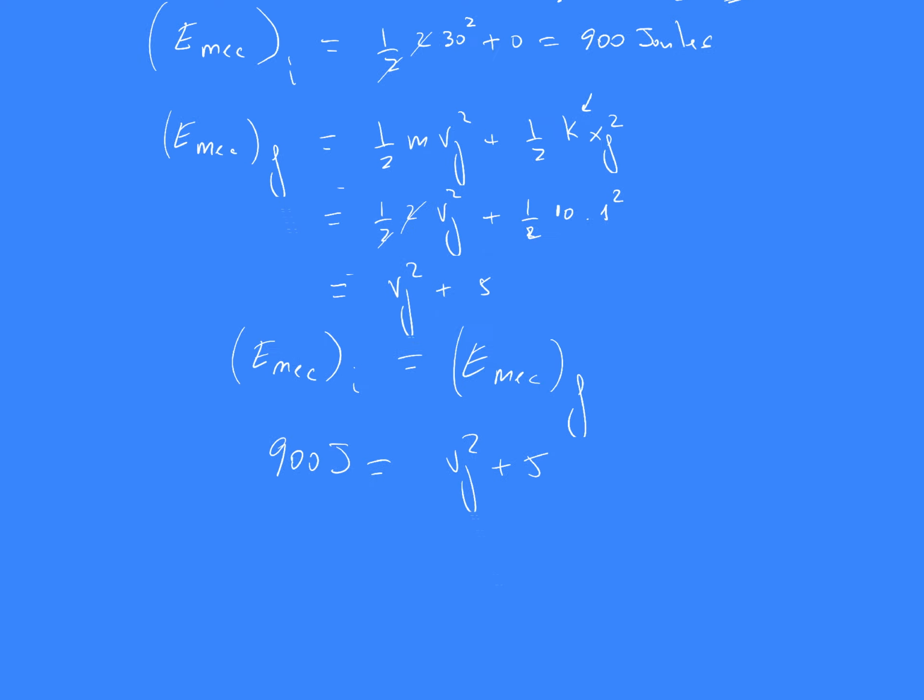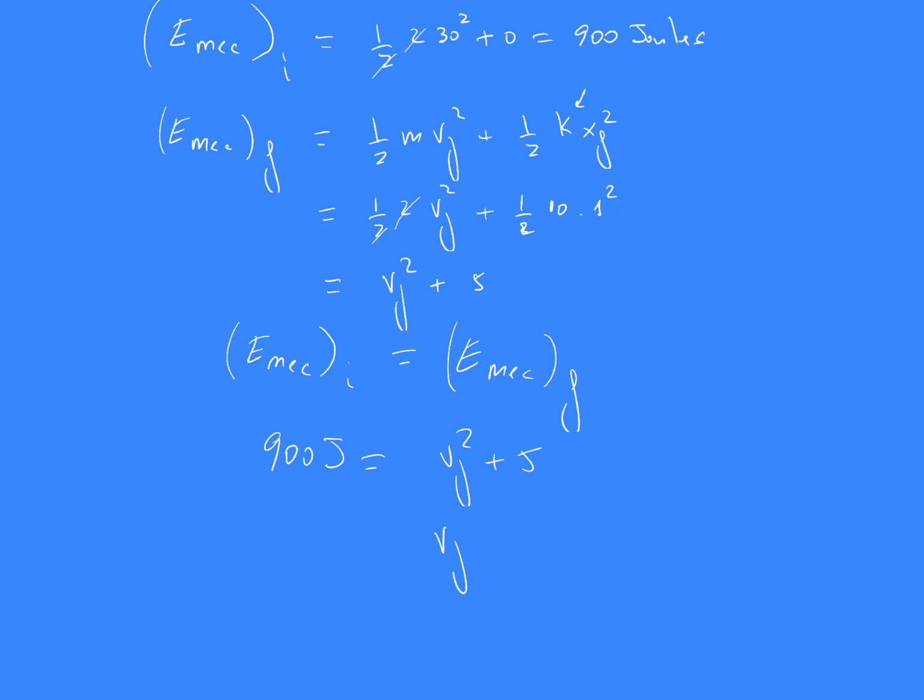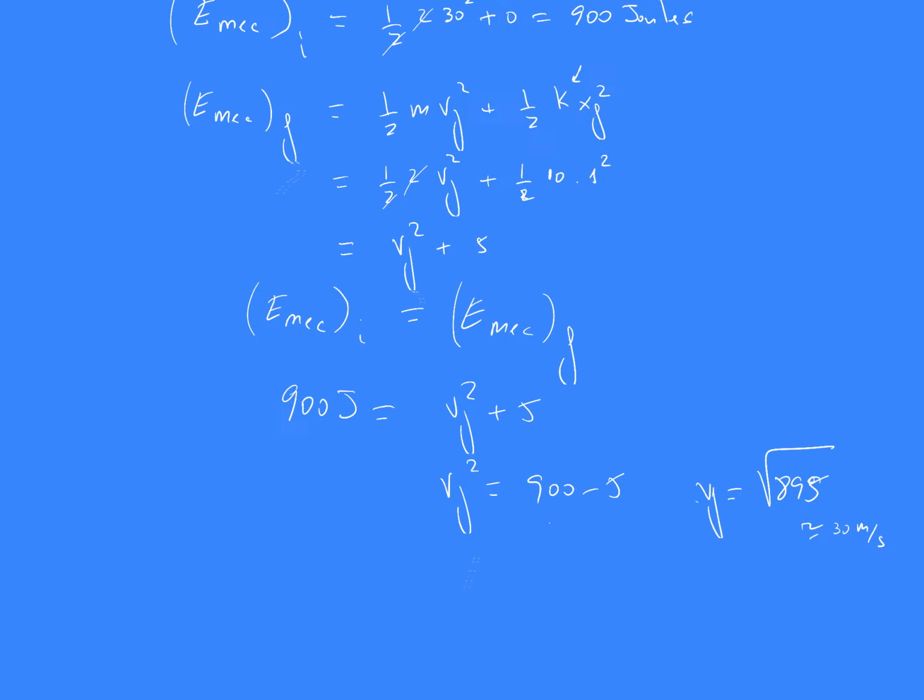So what is the final velocity? The final velocity, Vf squared, is 900 minus 5. So the V final is the square root of 895. So it's almost 30 meters per second, a little bit less. Of course, because the work has been negative, so it has to lose some kinetic energy.